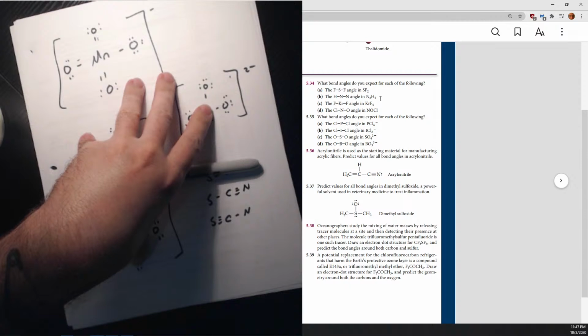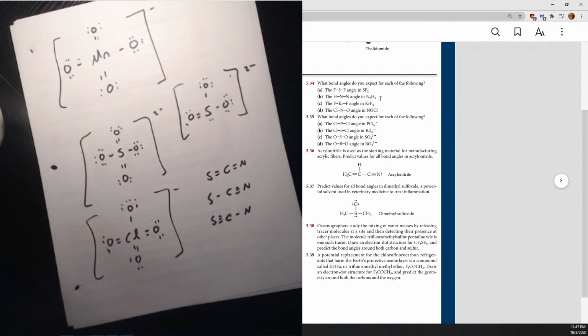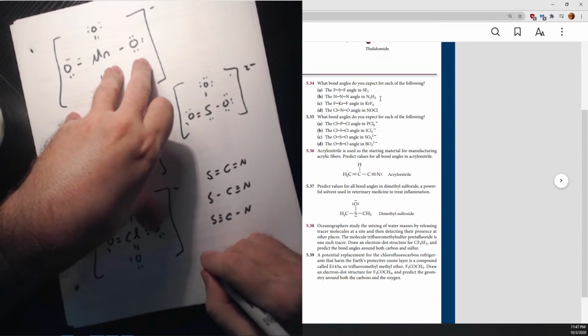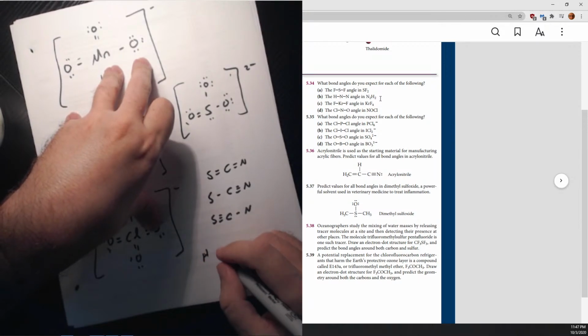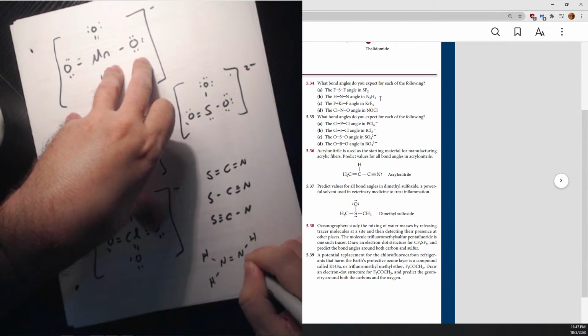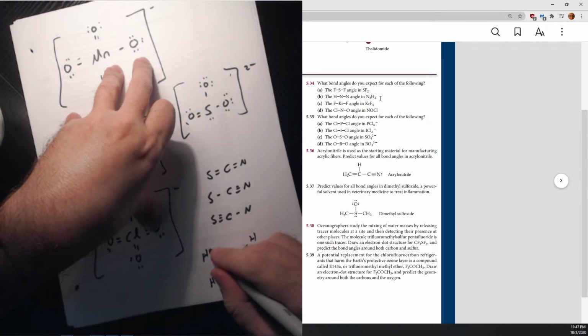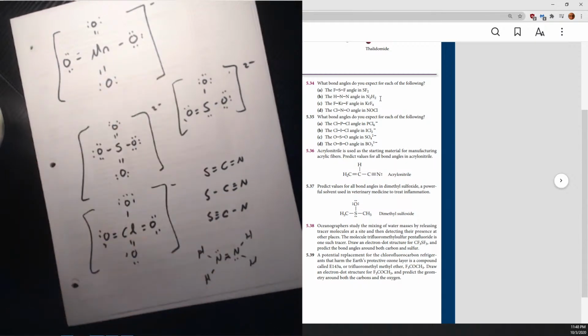N2H2. Oh, that is going to be, again, trigonal pyramidal. H and N, yeah. Yeah, no double bond.